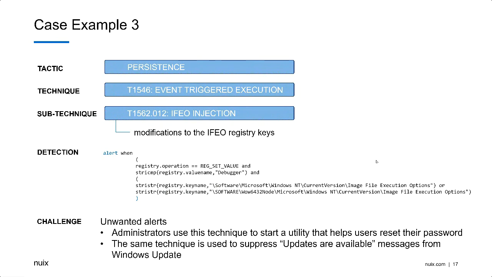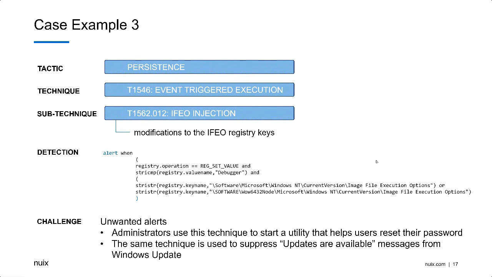So what they tried to do was create a debugger value such that a random Windows process would start up their second stage malware. And so in deploying this in a customer environment, what we found was sort of surprising, that administrators were actually using the same technique, in this case to start a utility that they use to help users reset their password.